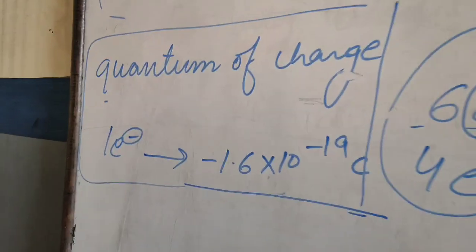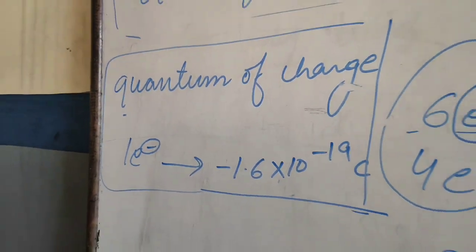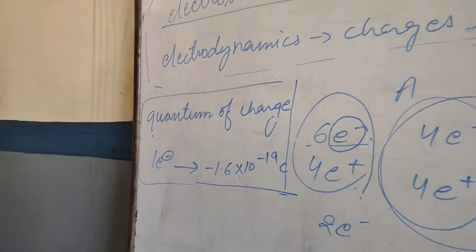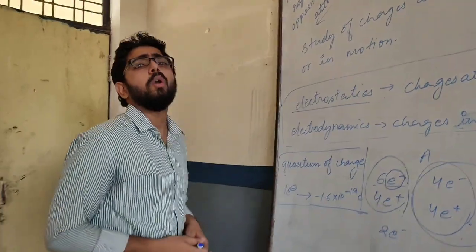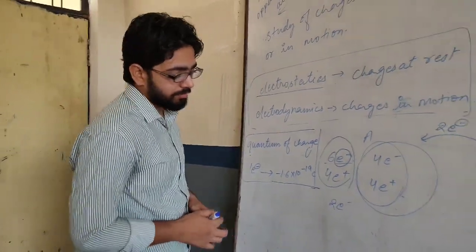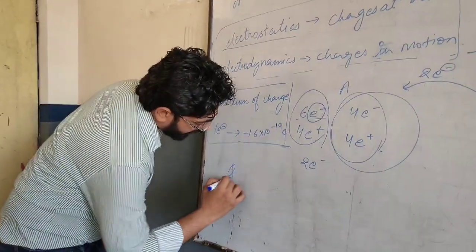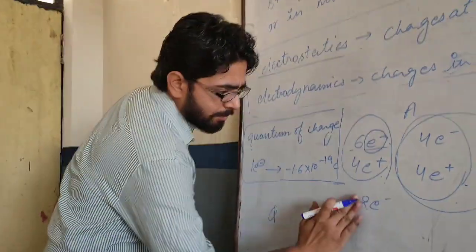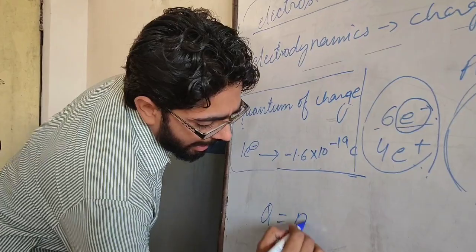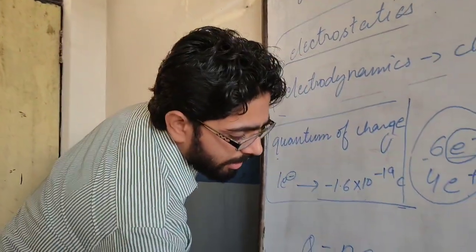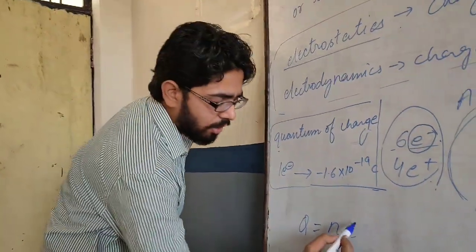Quantization of charge means the net charge of any body is an integral multiple of the quantum of charge. Let's say there is a charge Q on a body; that may be n times the charge of an electron.